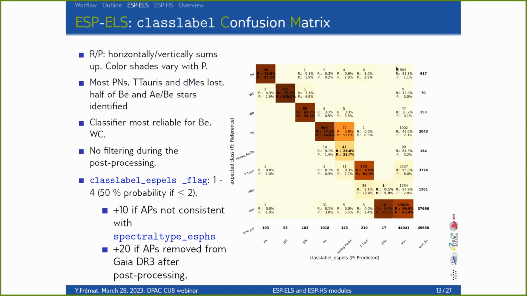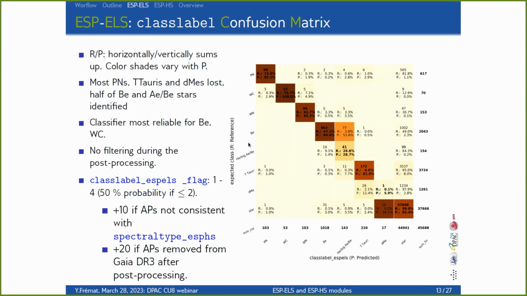The other planetary nebulae have been classified as a star, because a lot of these planetary nebula spectra in Gaia are superimposed on the spectrum of the central star, and if the emission feature is too weak, it doesn't go through the whole ESP-ELS algorithm. And that's a bit the case of a lot of the other emission line stars.